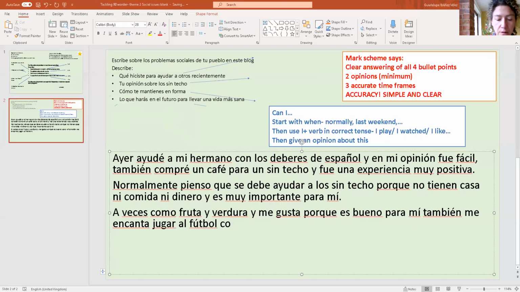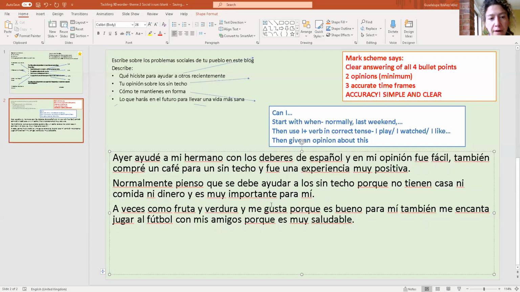With my friends, con mis amigos, porque it's very healthy. Es muy saludable. Perfecto. So sometimes I eat fruit and vegetables, and I like it because it's good for me. Also, I love to play football with my friends because it's healthy.